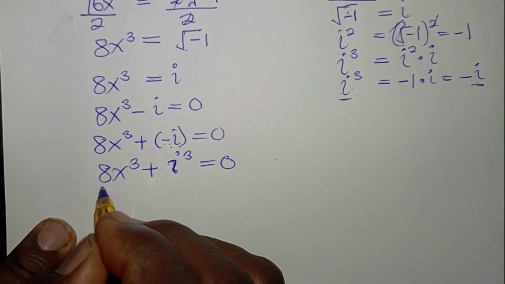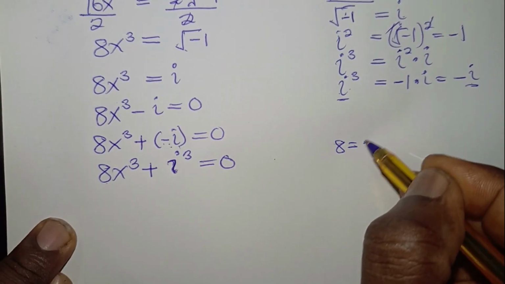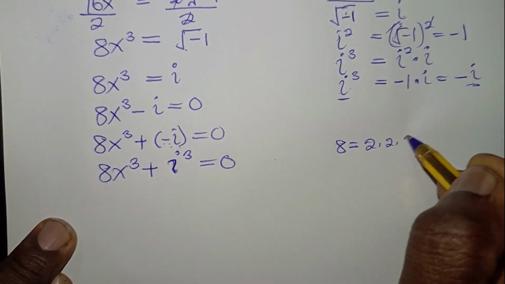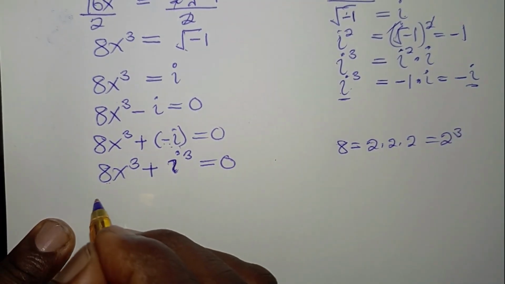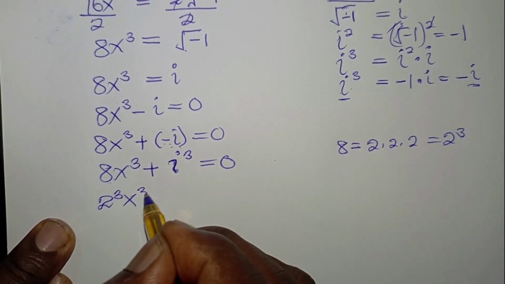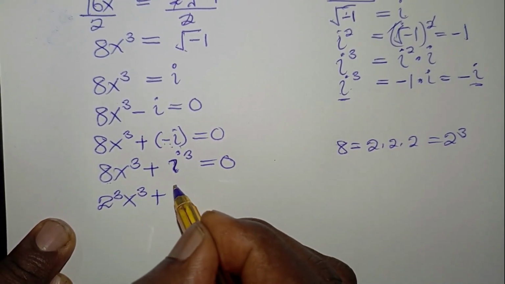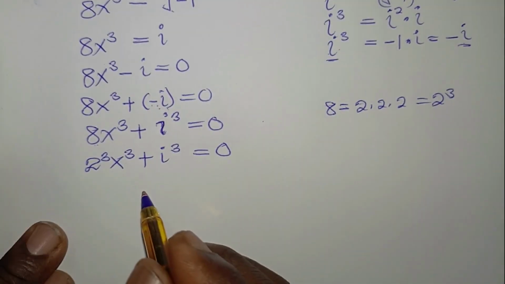So now we can write 8 as 2 times 2 times 2, and that's the same as 2 to the power 3. So here we will have 2 to the power 3 x to the power 3 plus i raised to the power 3 equals 0. Good.